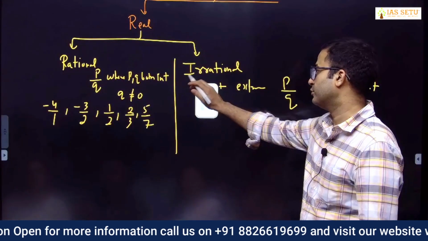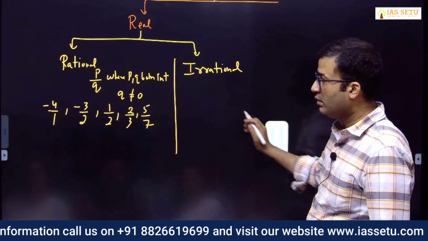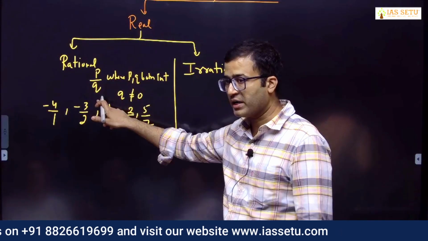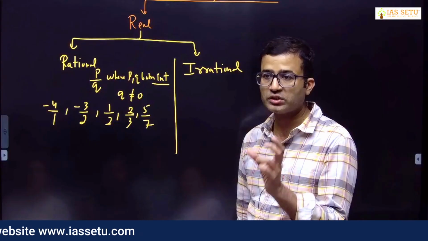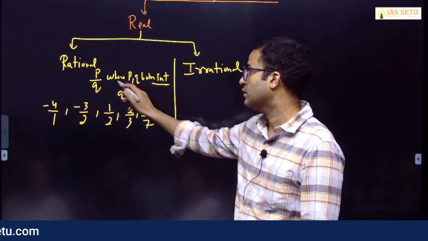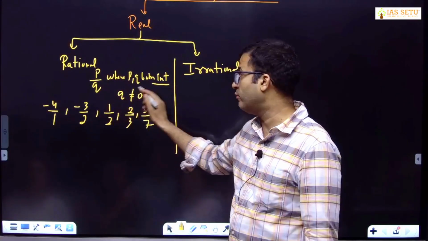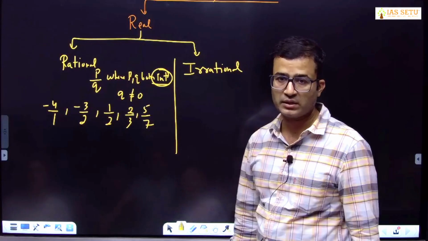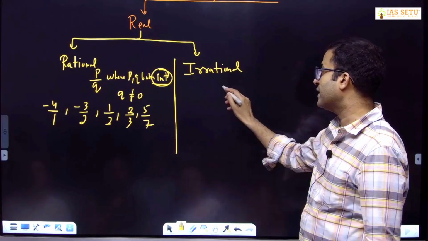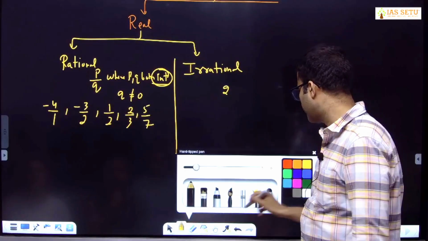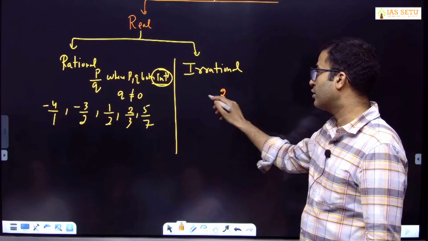But let me tell you, a rational number is in p by q form, where p and q both integer. So your stress should be on integer. But whereas in an irrational number, maybe your numerator is non-integer, like under root 2 by 1.